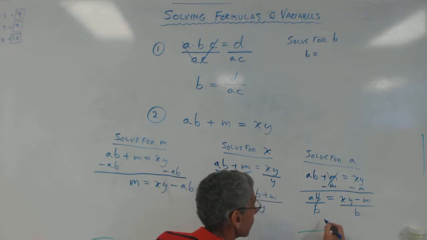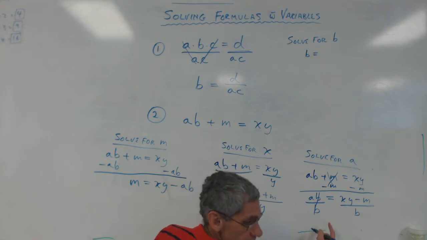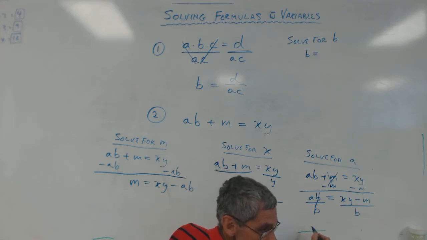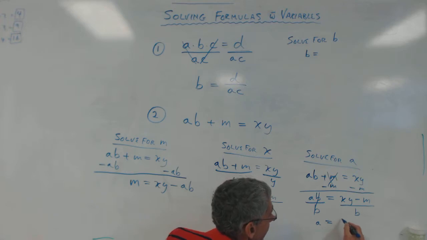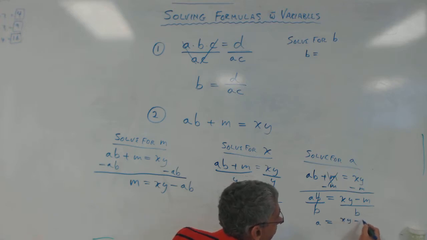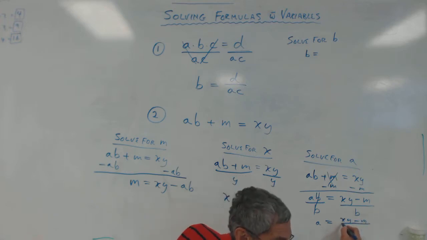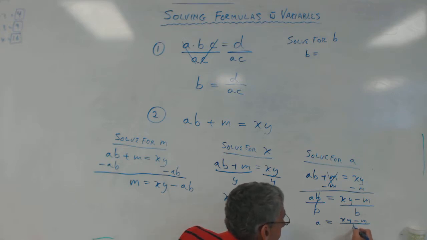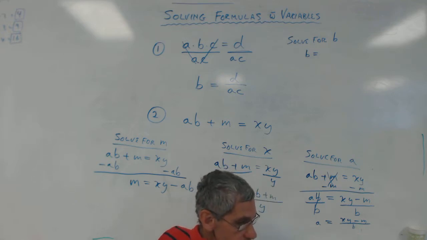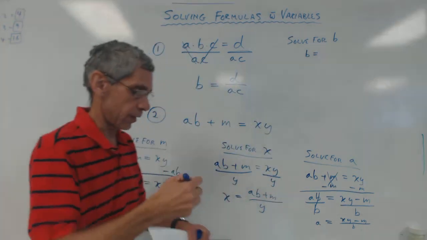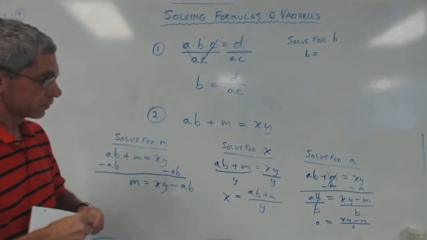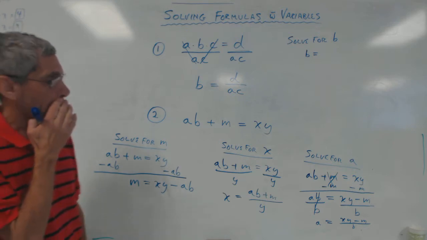So a is equal to xy minus m over b. You have to make your b small. It's too small to see, but that's okay. People can get out their magnifying glasses.